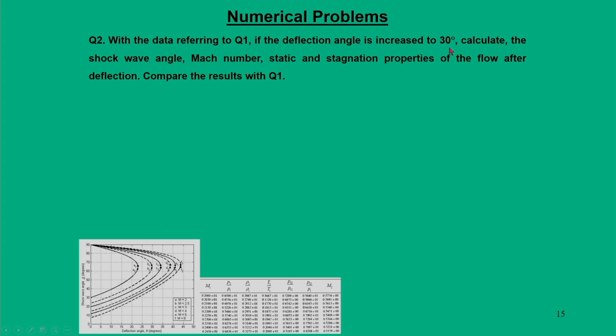So theta goes to 30 degree, and that means your main problem now changes: M1 is 3, theta becomes 30 degree.